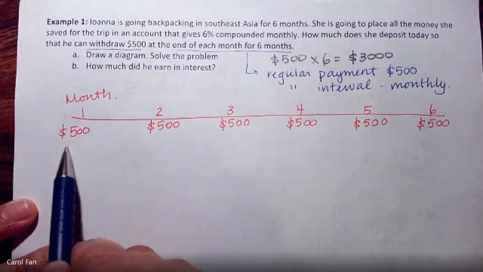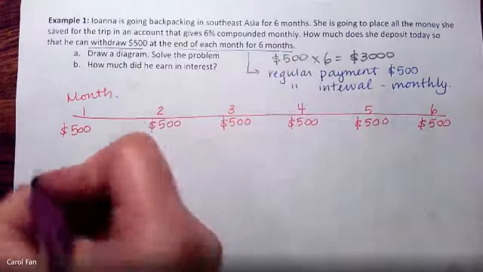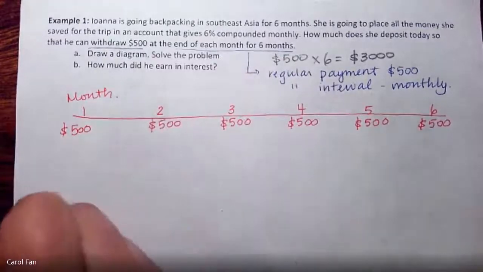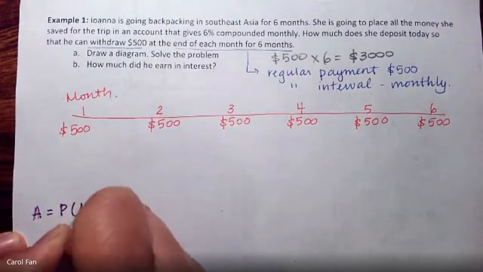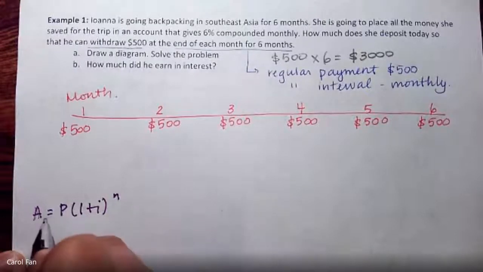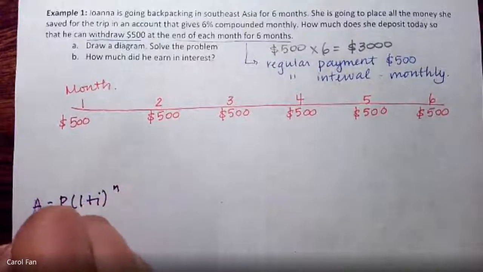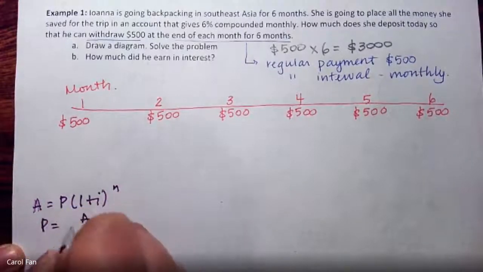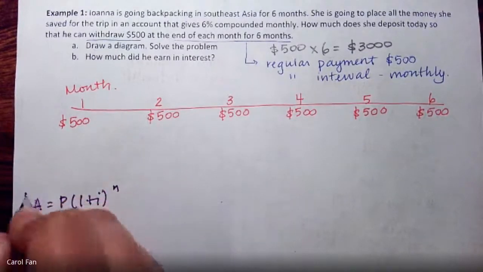If we were to look at just one of these payments, then we would be looking at simple or compound interest again, meaning the equation that I use would be A is equal to P times 1 plus i to the power n. I'm given the amount and I need to find the principal. So I'm going to reverse the equation. I could have P is equal to A over 1 plus i to the n.